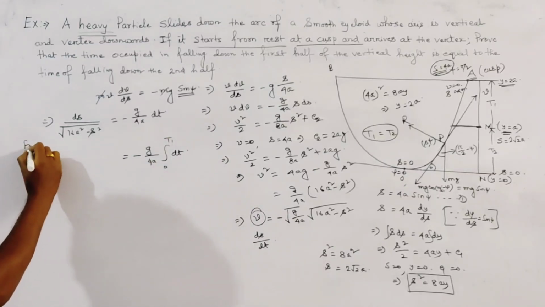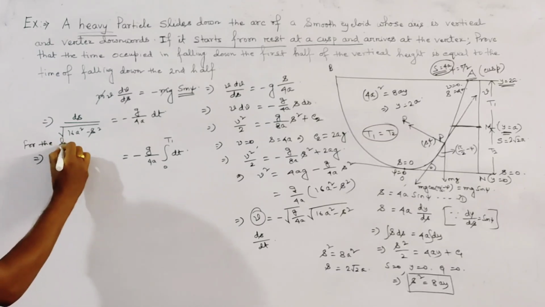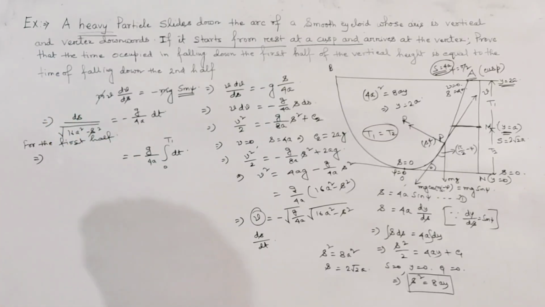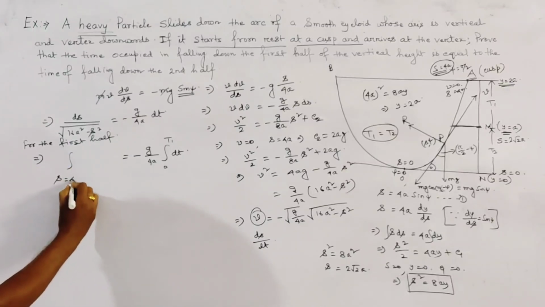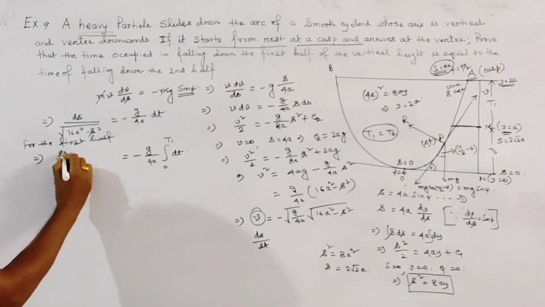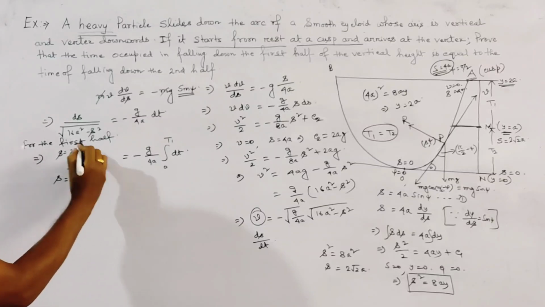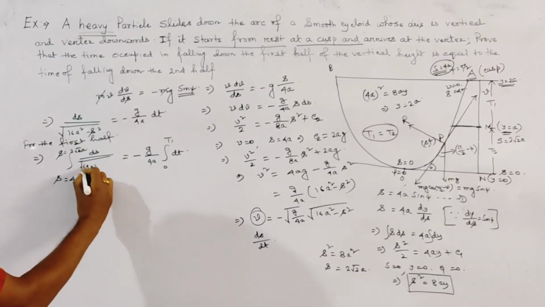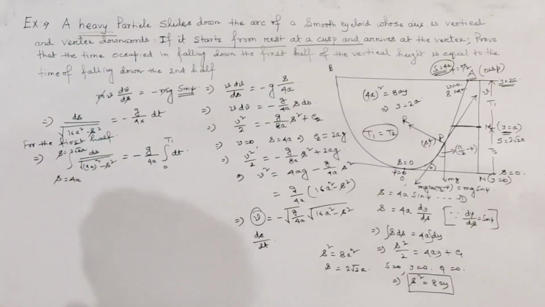Here we write for the first half. Okay, and the left side integration is s equal to 4a to s equal to 2 root 2a ds by root under 4a whole square minus s square.